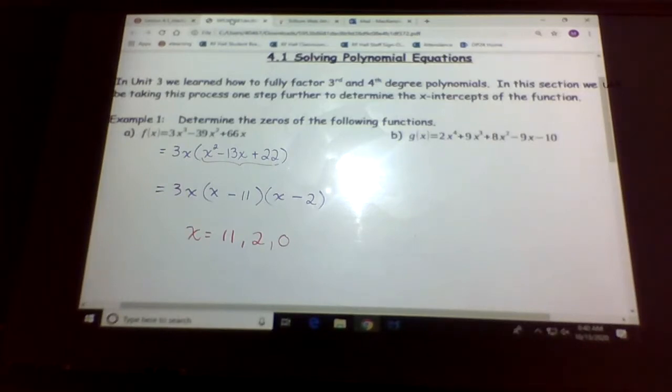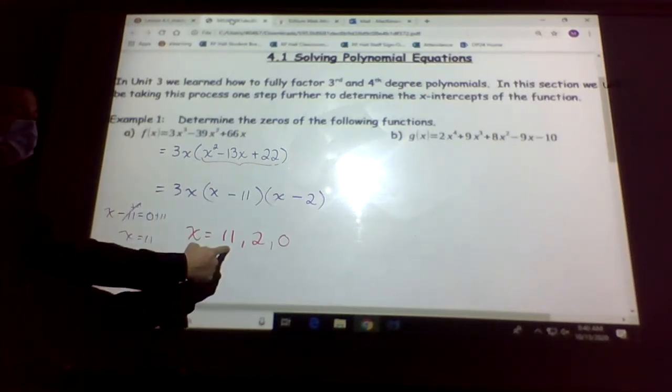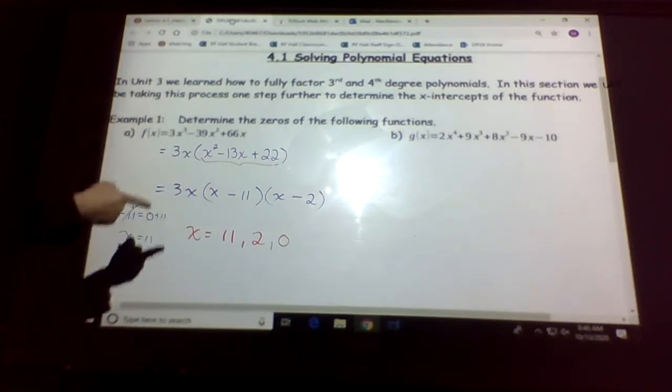Remember to find it out, you set it equal to 0. So like x minus 11 equals 0, and then you isolate, so plus 11, so x equals 11. That's why it's the opposite.